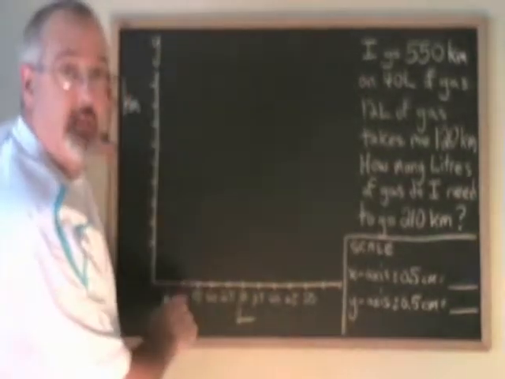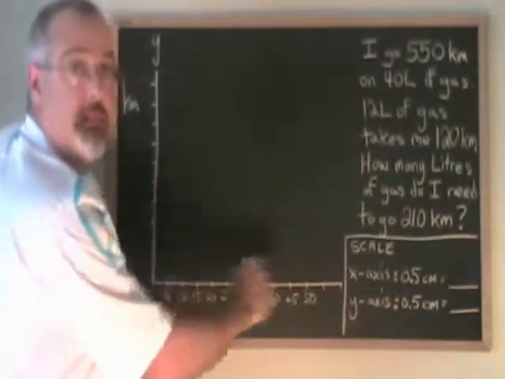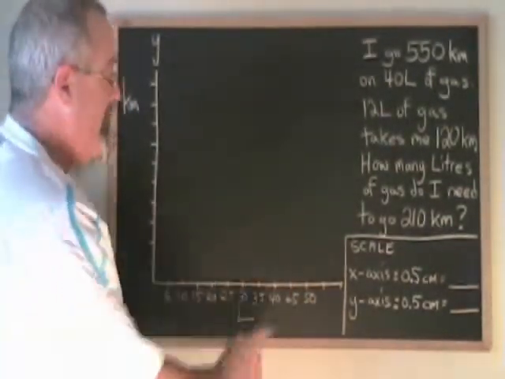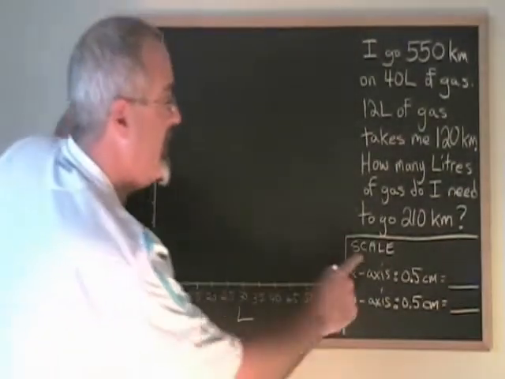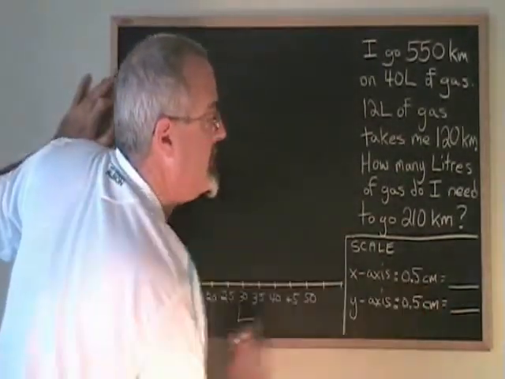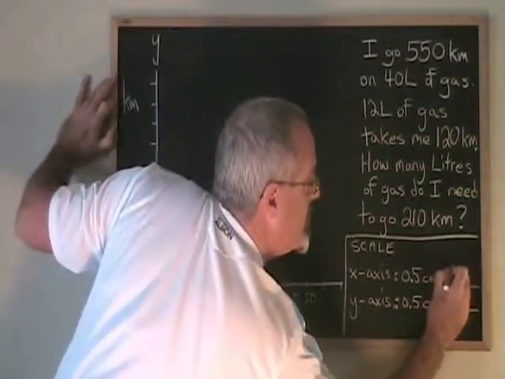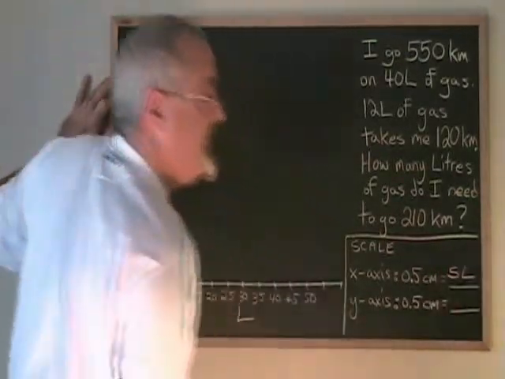So it will fit on my graph, but I'm using my space along the x-axis. That means each square is equal to 5 liters. On my scale, I say x-axis 0.5 centimeters equals 5 liters.